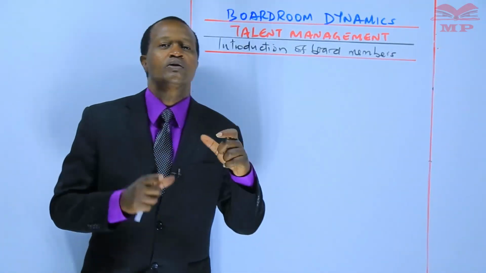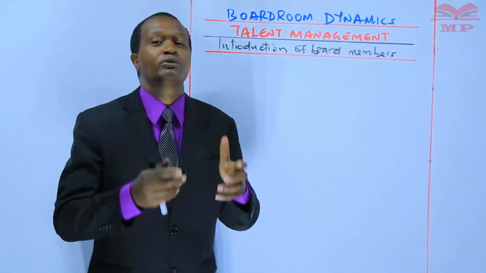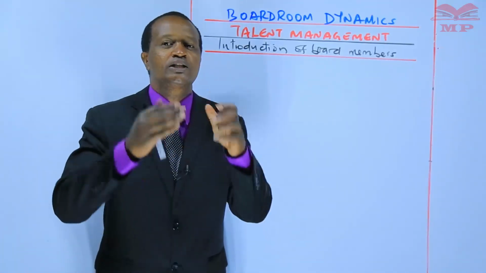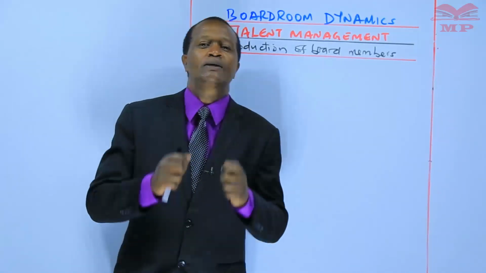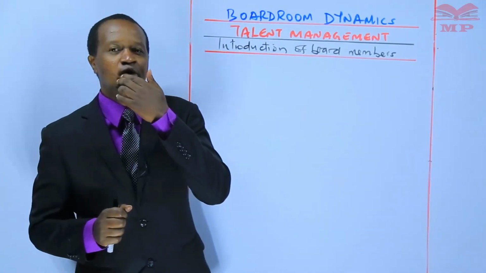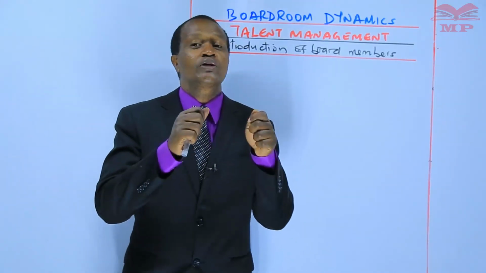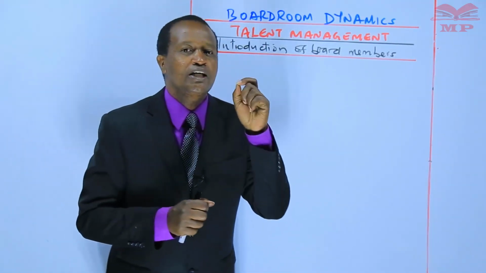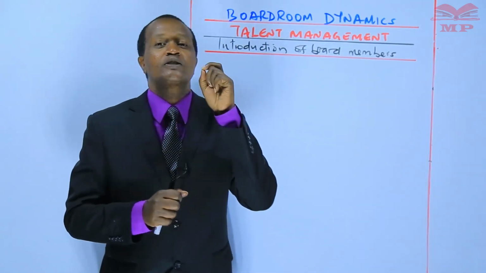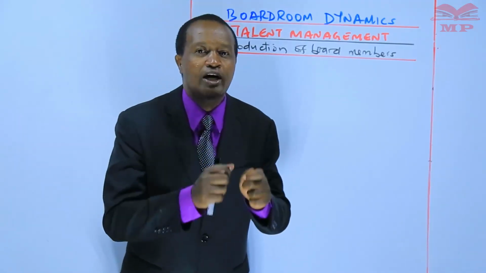But all in all, board orientation should be facilitated by the board chair. And why is that important? It's important, candidates, for the board chair to facilitate board orientation because it is the chair who is responsible for guiding the work of the board.